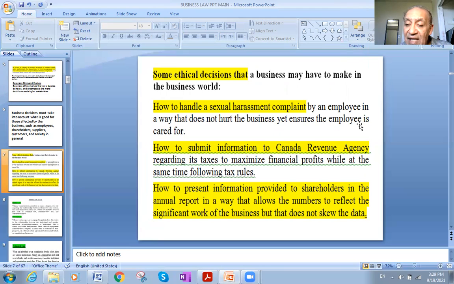Business and ethical decisions are in the same boat. They are the same, because most of the law acts, the law rules, and the ethical rules are almost the same, like we said before. They look like each other and they act like each other.